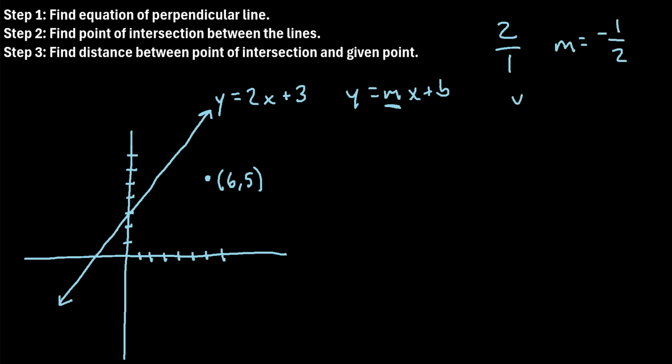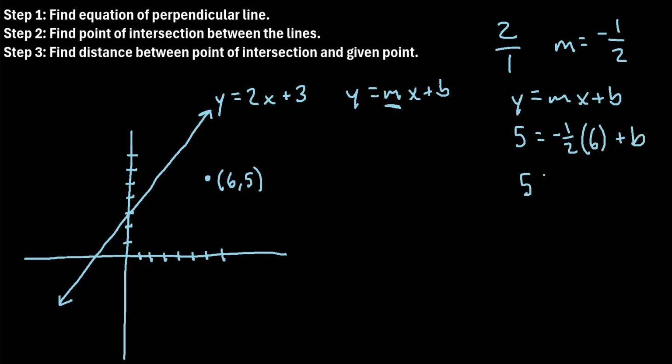If we want to write the perpendicular line in this format of y equals mx plus b, we know m, we just need to figure out what b is. To do that, we need to plug in values for x and y of some point that lies on the perpendicular line. The perpendicular line is going to contain the point (6, 5), so we can plug in a 5 for y and a 6 for x. So we say 5 is equal to negative 1/2 times 6 plus b.